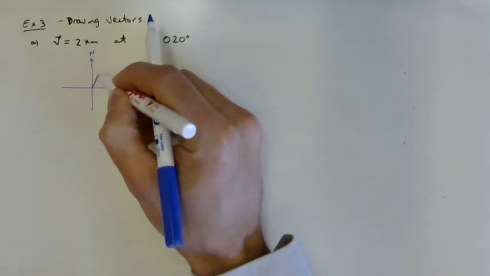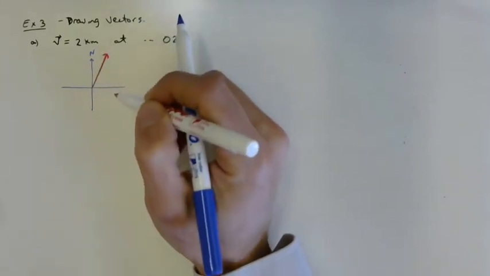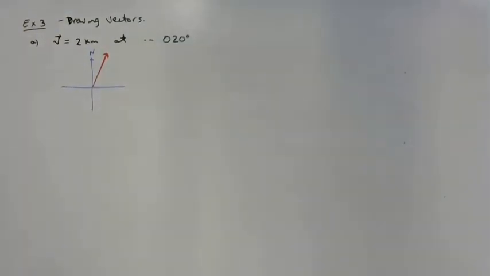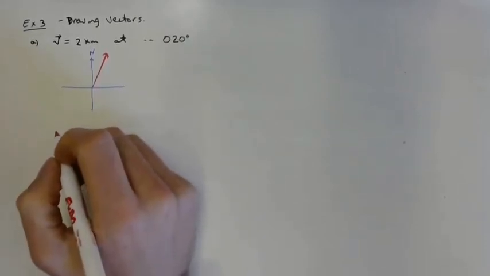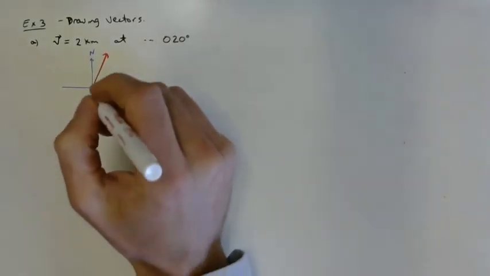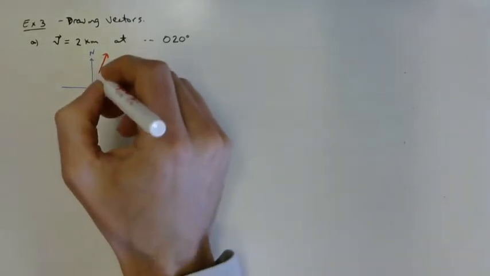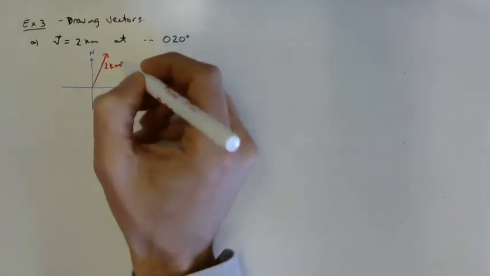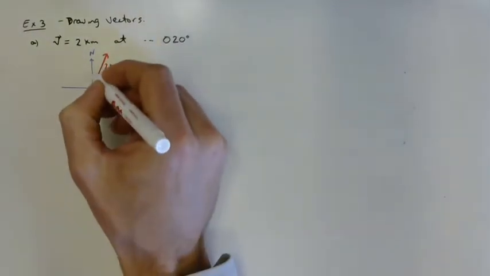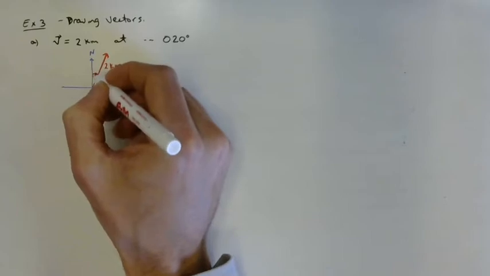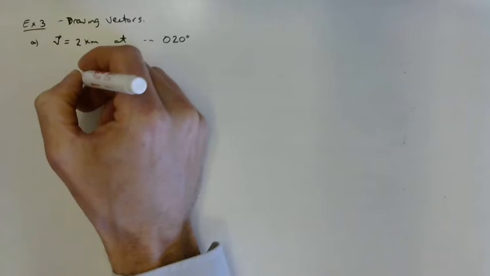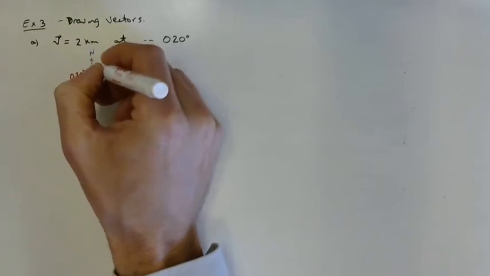So that's going to look something like that. And again, we said the length of this arrow has to be proportional to the magnitude of the vector. I'm only drawing one vector in each diagram, so I don't need to worry about that too much. And this is 2 kilometers as a magnitude, and the angle here is, I'll just write it on this side, 20 degrees. That's right there.